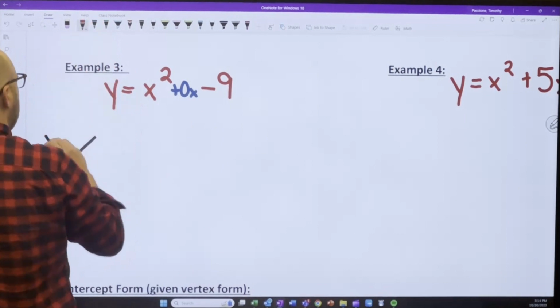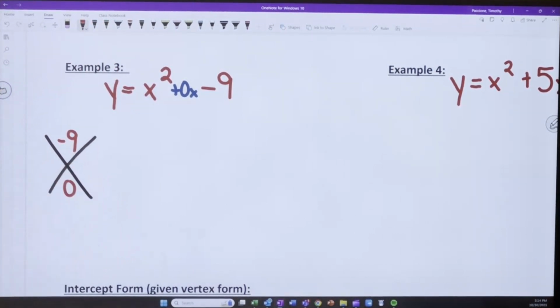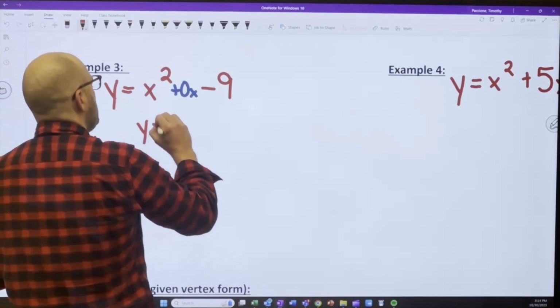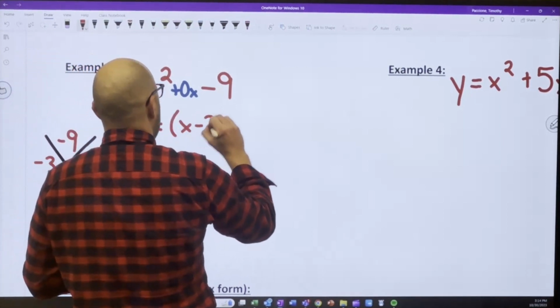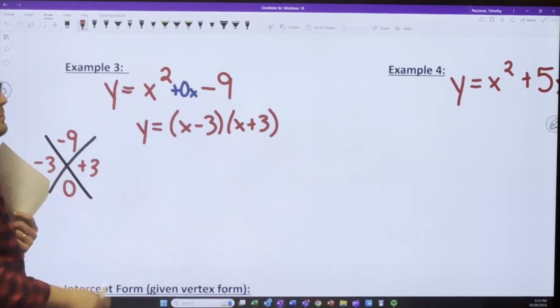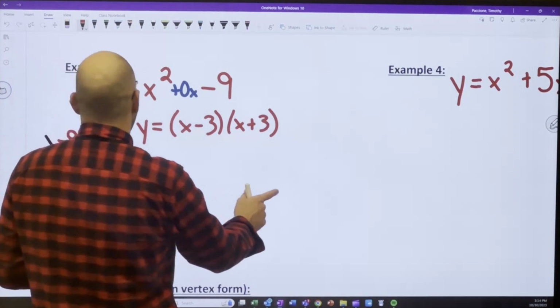I didn't actually add anything here, but now I have a -9 and a 0 for my x. And now I can think about this and be like, all right, what multiplies to give me -9 and then adds to give me 0? -3 and +3, right? So this becomes y equals x minus 3, x plus 3. And you'll notice anytime you get x squared minus a perfect square, you get something that looks like this. And we'll talk more about that.